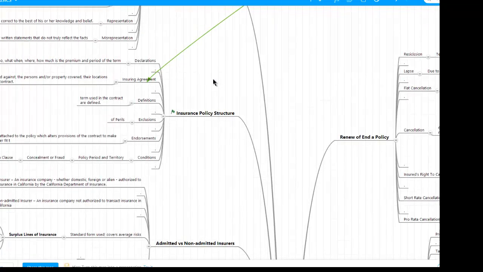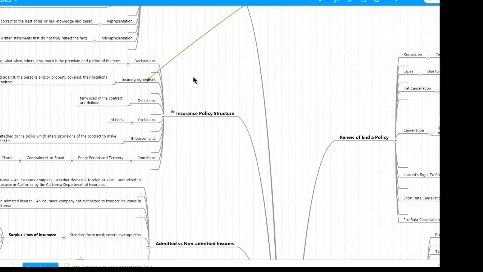Up here, we'll come to now the actual, as I told you before, insurance policy structure. This is how that contract is formed. It starts out with a declaration. That's the who, what, when, where, how much the premium, and the period of the term. And here's that insuring clause. You see I have this green connecting arrow. It states the perils against the person and or property and their location and the period of the contract.